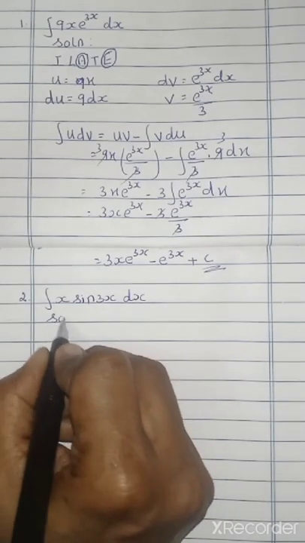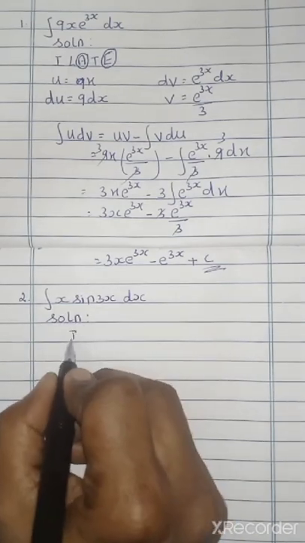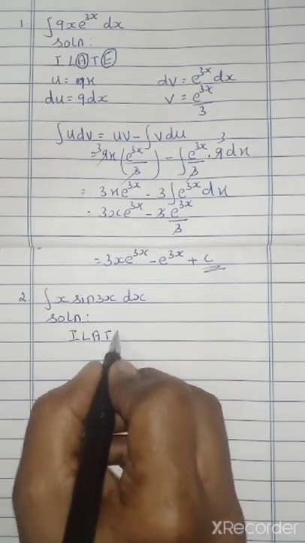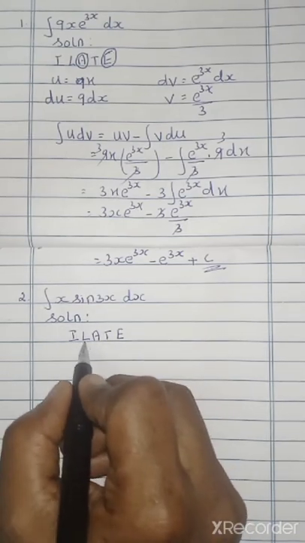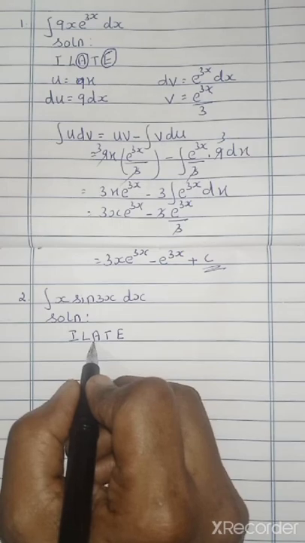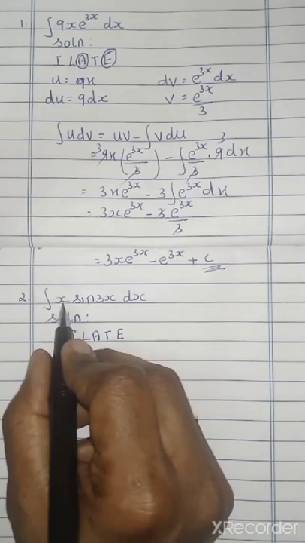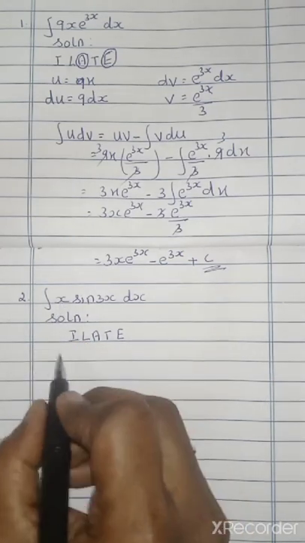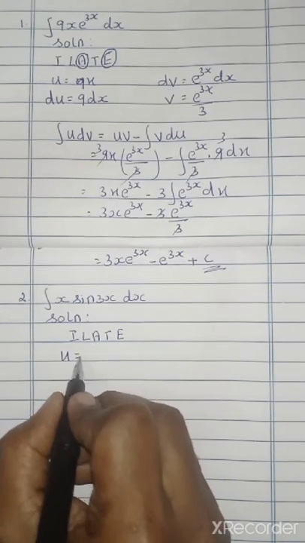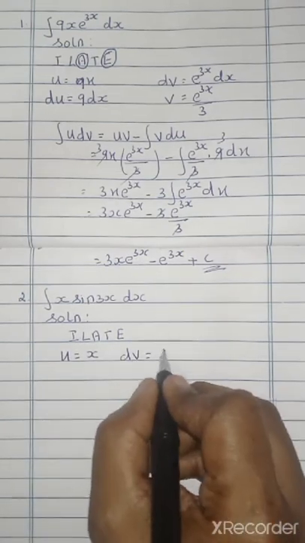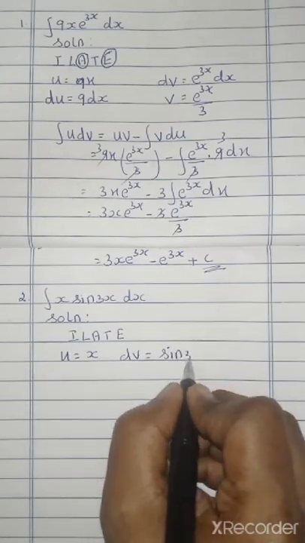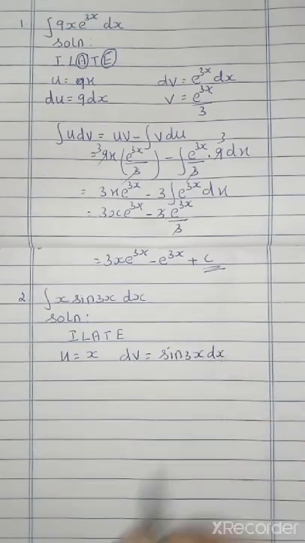Solution: using ILATE, first inverse is not there, logarithmic is not there, algebraic is there. Algebraic is your x value, right? So you can take u as x, and the remaining all as dv. So dv equals sine 3x dx.